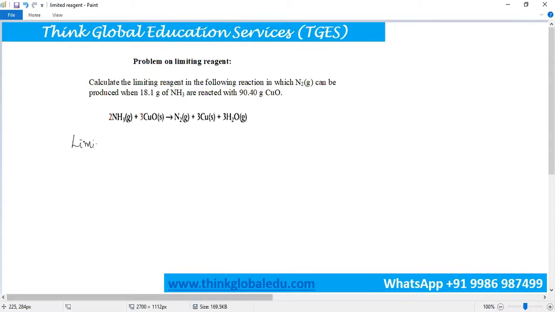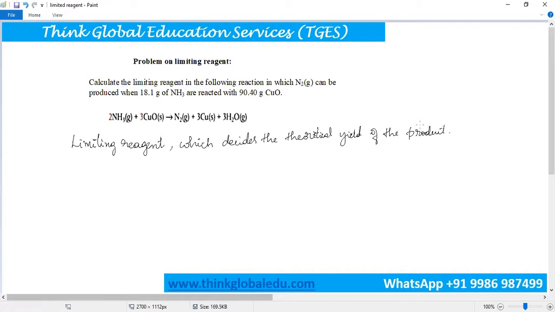Limiting reagent decides the theoretical yield of the product in a reaction and is being completely used up in the reaction.